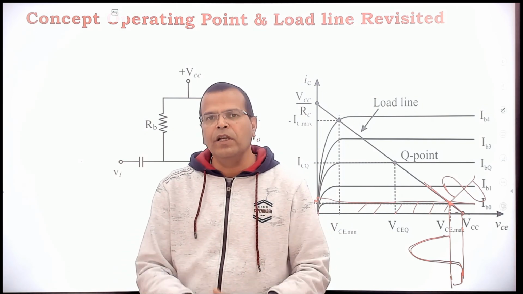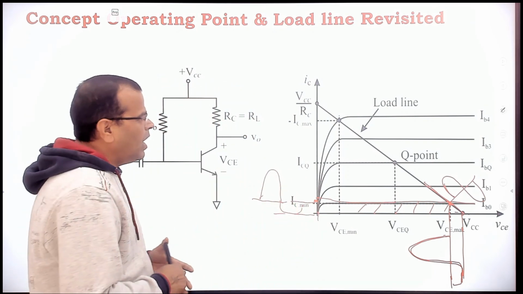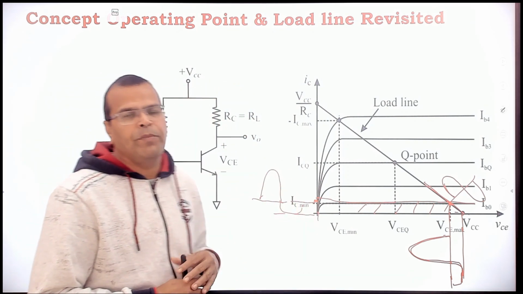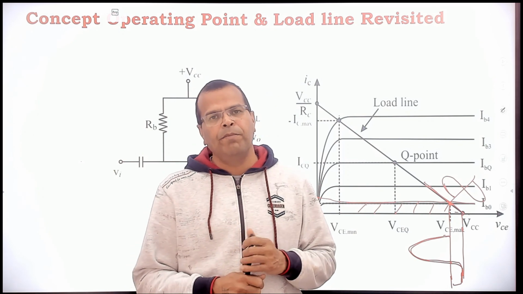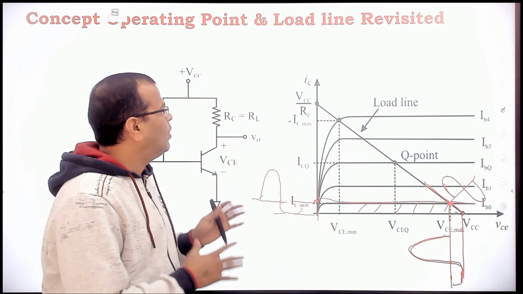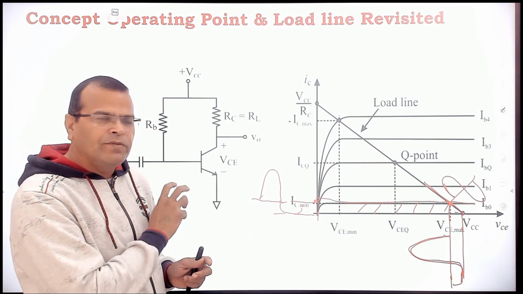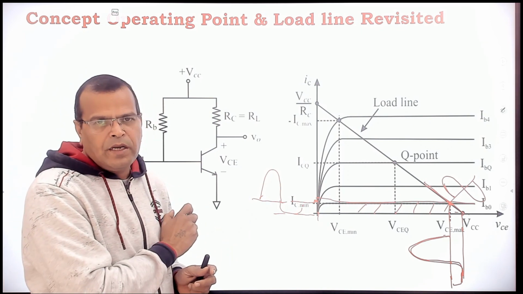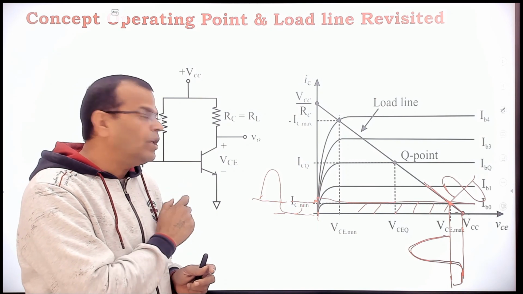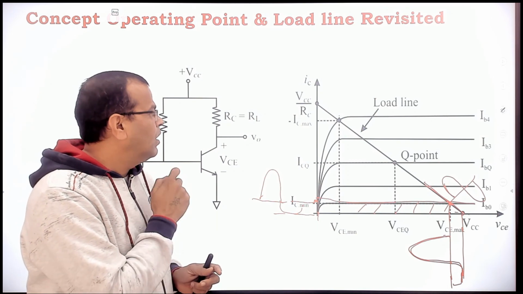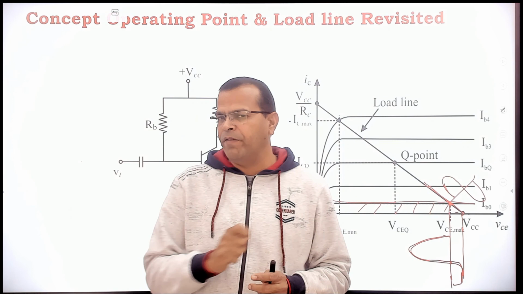So we will see all the amplifiers one by one, and we will see how to tackle these types of problems in power amplifiers. So this is all about the introduction to power amplifiers and the basic concept of the load line, which is essential for understanding power amplifiers.